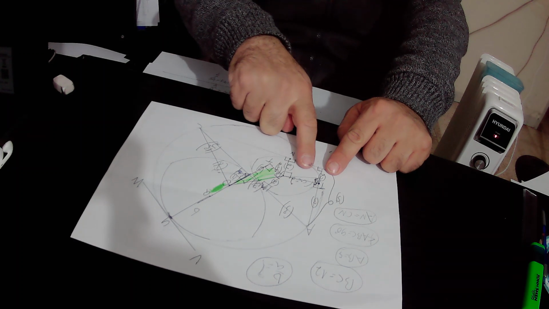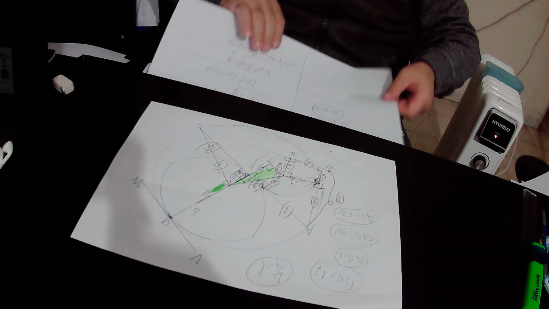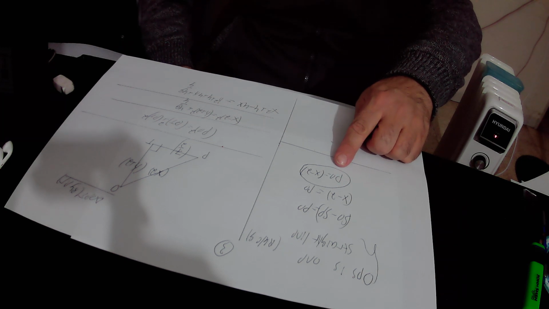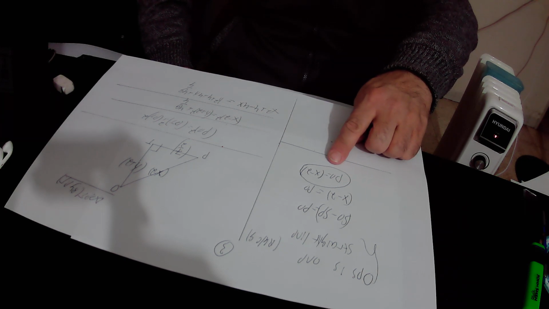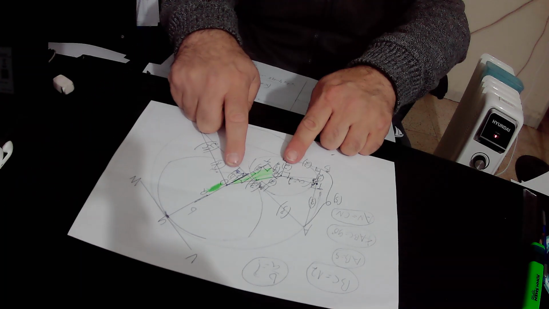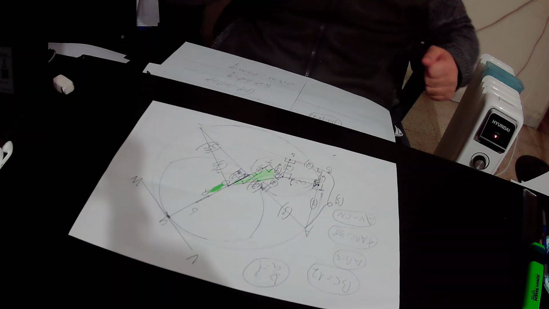Therefore, PS is the radius of the small circle, that is equal to 2. Therefore, we can substitute PS by 2. So in conclusion, we found out that PO equals x minus 2. This line segment PO equals x minus 2 units in its length.